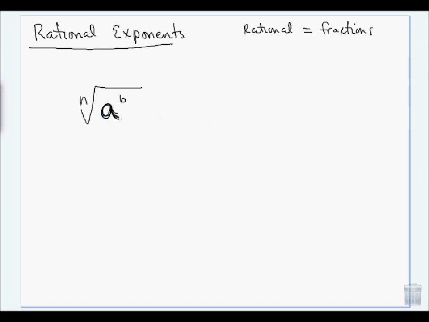This number would be the numerator of the fraction, and this number would be the denominator of the fraction. So the nth root of a to the b is the same thing as a to the b over n.